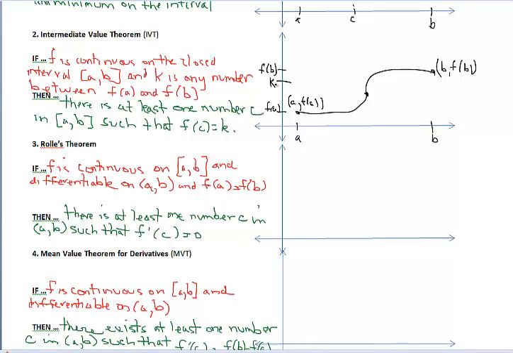So no matter what k value you choose in between here, for example, if I call this k, I should be able to go across, hit the graph, and then at this point drop down and call this c. So this point right here would be called, oh excuse me, this point right here would be called c, f of c.